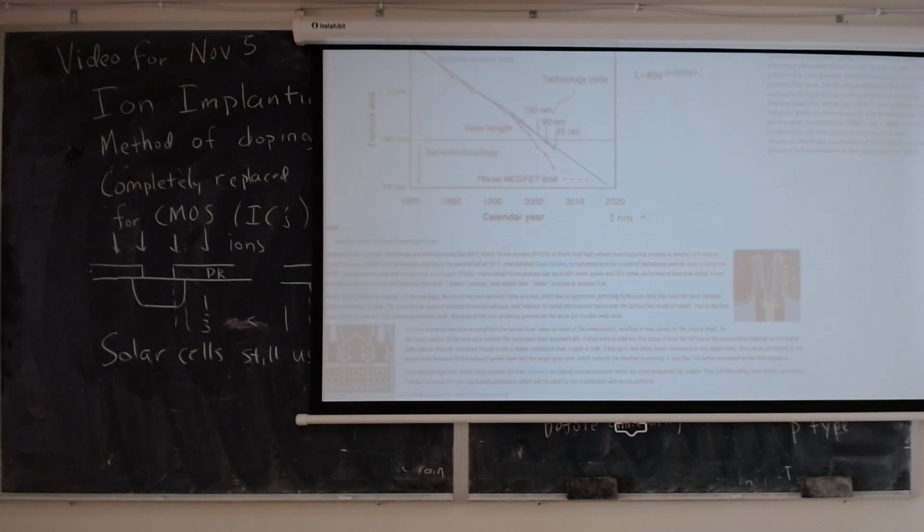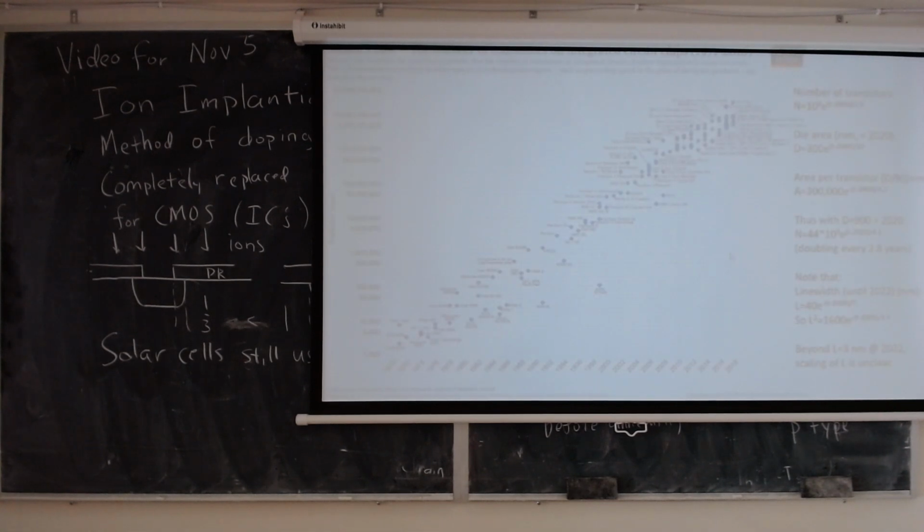Now, this feature size does not translate into the minimum area per transistor. If you go through this plot, basically you take this, divide this by the die area, which we'll talk about in a minute. That's how big the chip is. That has been going up roughly, doubling every, say, 7 years.